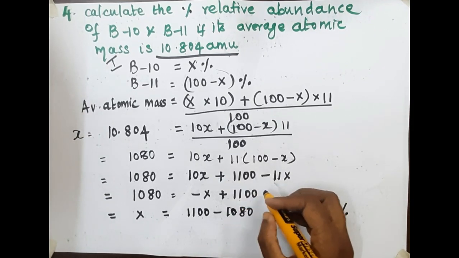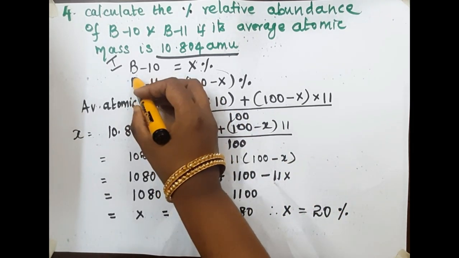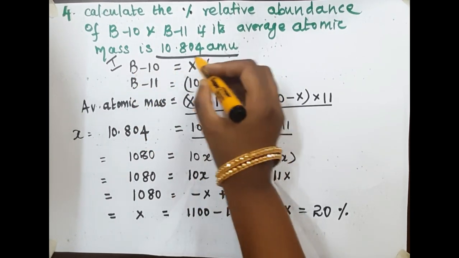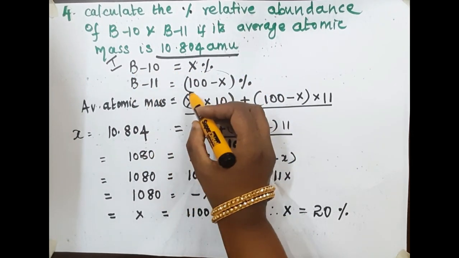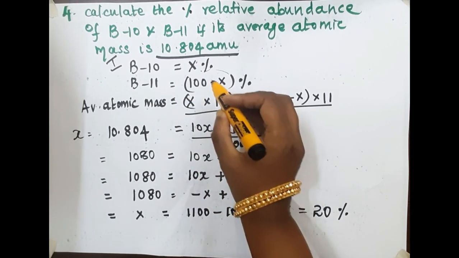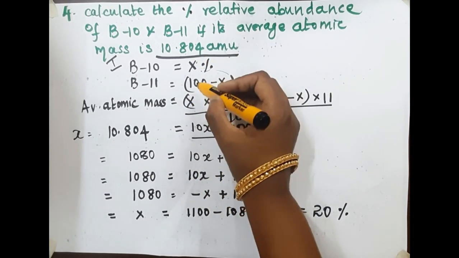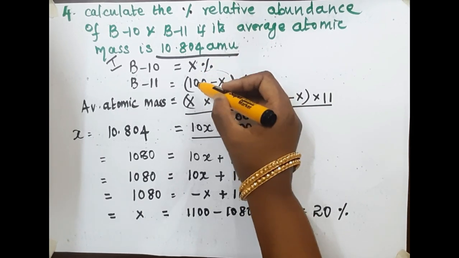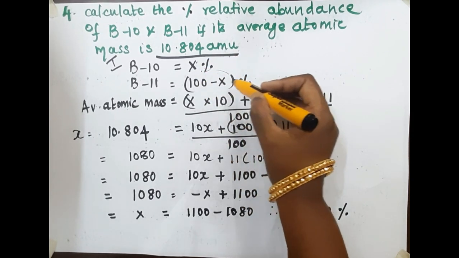Children, let me repeat it. First, what I am doing is assuming the percentage of boron 10 as x and boron 11 as 100 minus x. Now you may have a doubt: if we add both, actually it should be 100. So if one is x, the other becomes 100 minus x.